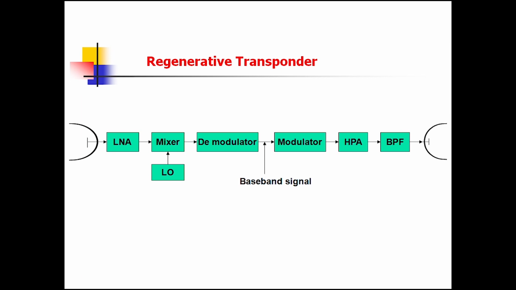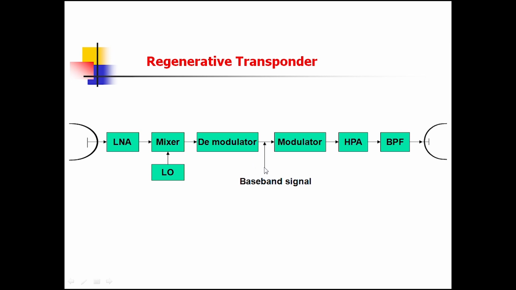The output of the demodulator is the baseband signal. What is the baseband signal? The original message signal such as voice or TV signal or digital data that we are transmitting from the transmitting earth station. The original signal is recovered at the demodulator.